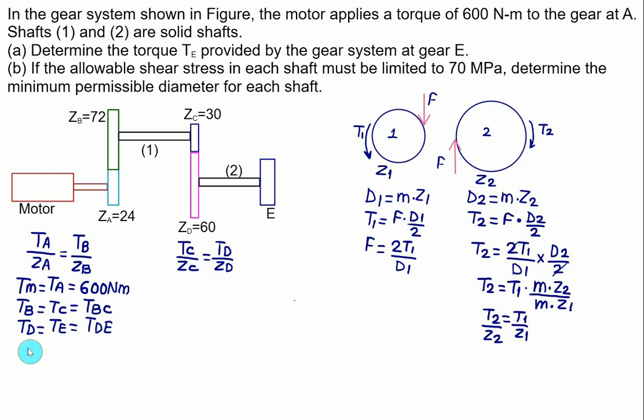In addition to this, we have given the value of tau allowable, that is equal to 70 megapascal.